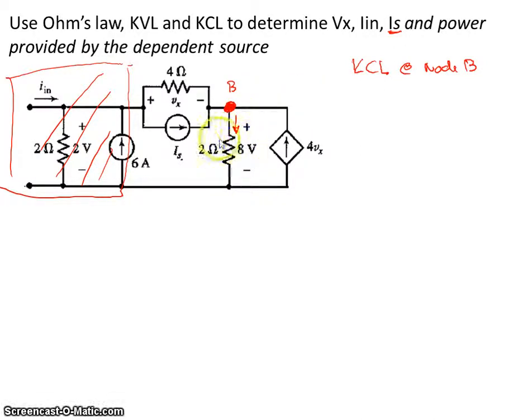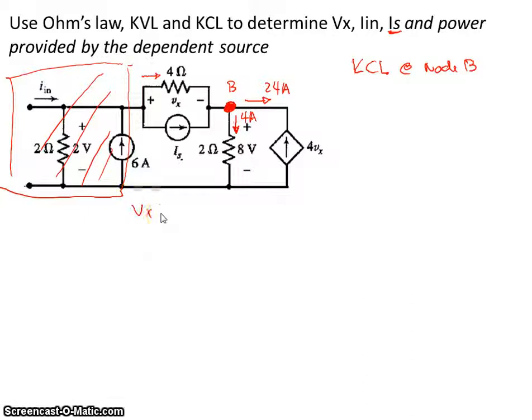So I know this is 8 divided by 2, 4 amps, like that. We know from the problem before that this is actually 24 amps going out. The only one that we need to determine is this current right here. If we apply passive sign convention, we will say the current flows in this direction because this is the positive.